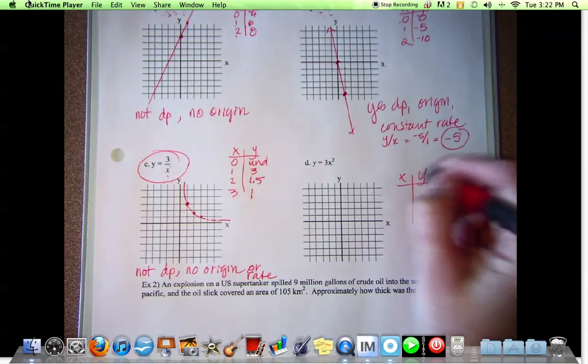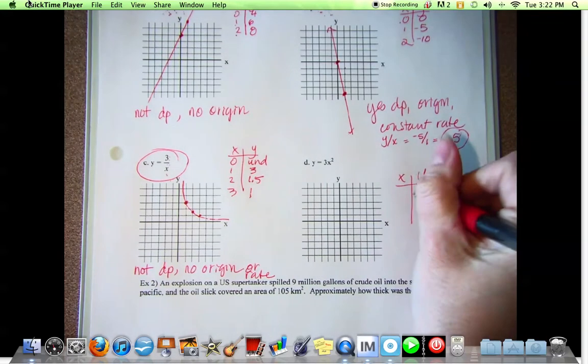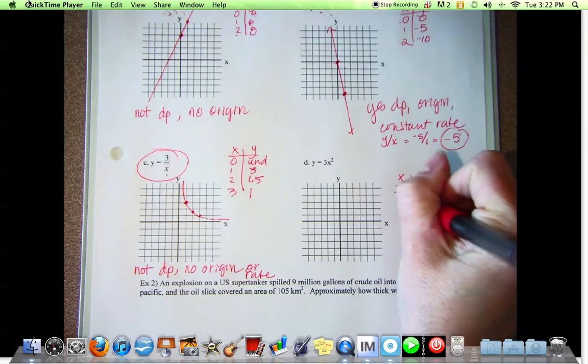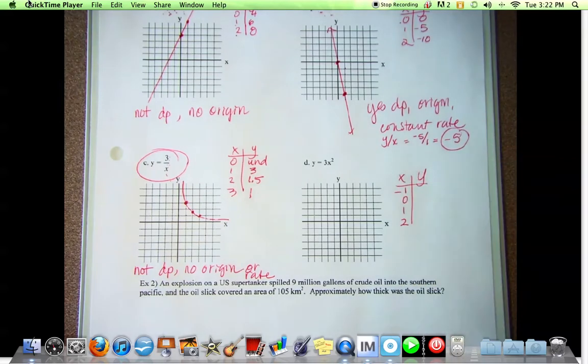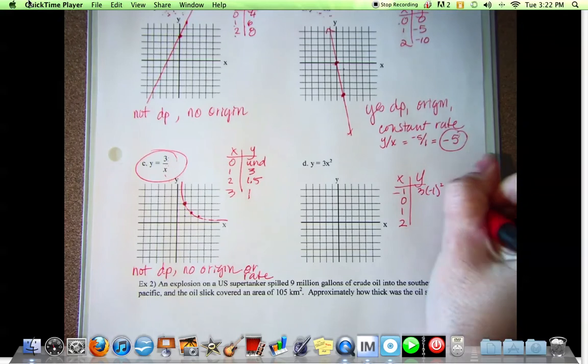Y equals 3x squared. So, negative 1, 0, 1, 2. So we have 3 times negative 1 squared.